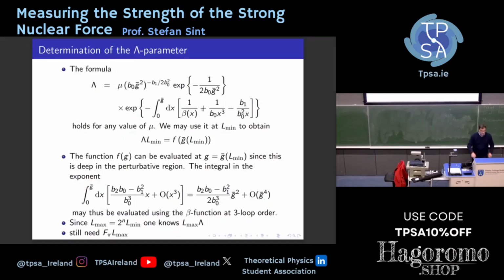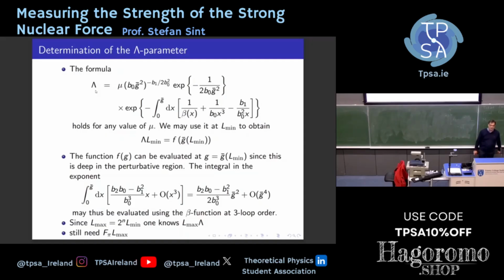So if you have 1 over the beta function and you want to integrate from 0, this is singular, and you have to subtract the asymptotic terms to make this square bracket a regular function then for x going to 0, which is the coupling. And so this lambda, you can trade the coupling for the lambda parameter, essentially, as a fundamental quantity that you want to determine.